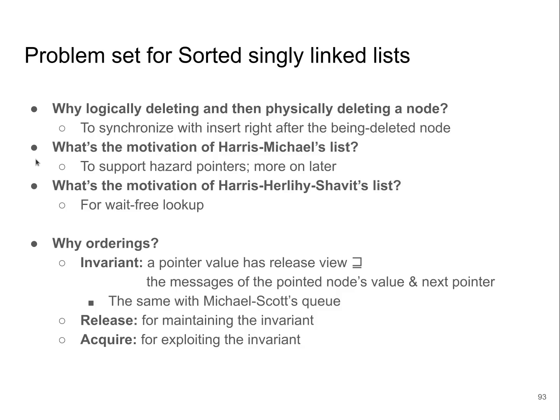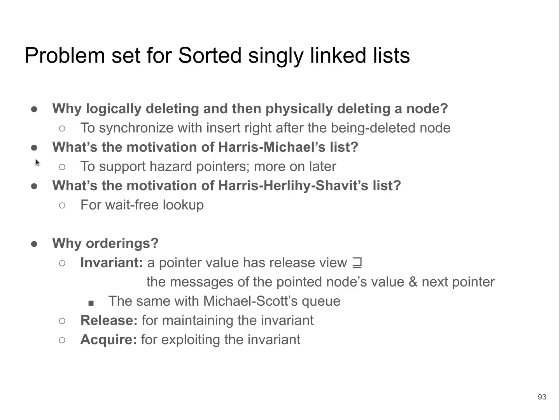In Harris's strategy, you update the pointer and physically unlink multiple nodes at the same time. If there are two consecutive logically deleted nodes, then in Harris's strategy you update the next pointer, not just to the immediately next node, but to the one after, effectively unlinking two consecutive logically deleted nodes.